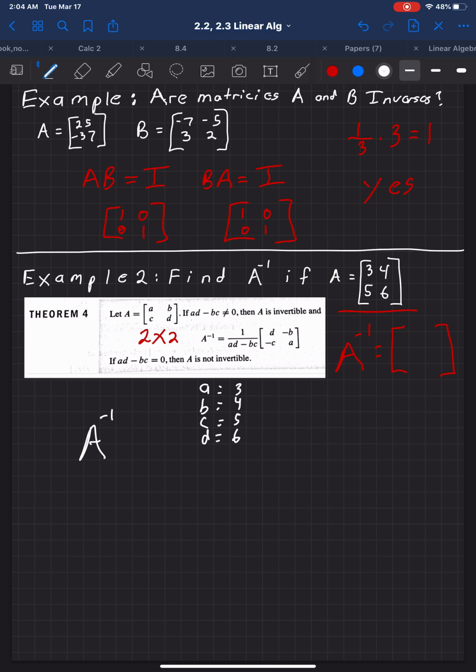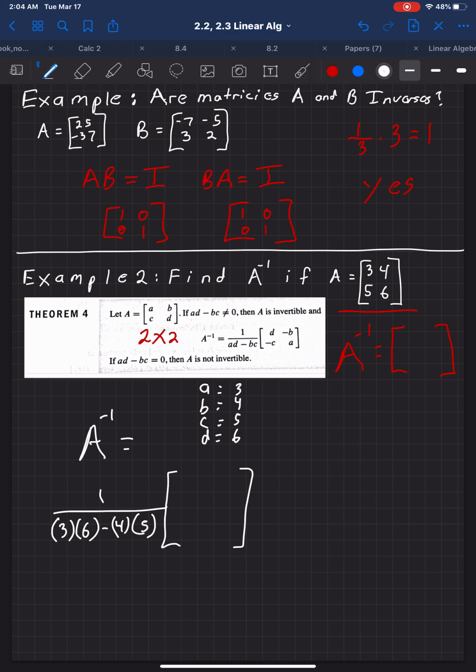Okay, so to find A inverse, we're going to have 1 over A times D minus B times C, and that is going to end up being a scalar on the outside of the following.